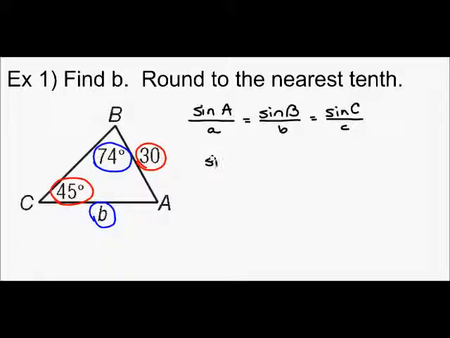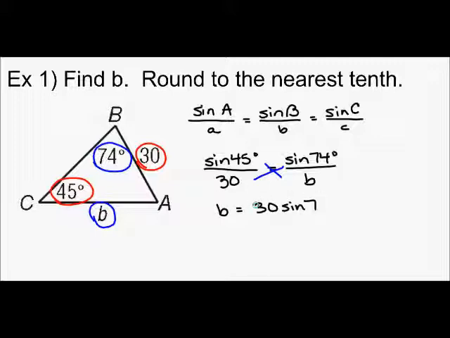So I can say sine 45 degrees divided by, what side goes with 45 degrees? 30. So divided by 30 equals sine 74 degrees divided by, b goes with 74. Now we're going to cross multiply and divide. So b equals 30 times sine 74 degrees divided by sine 45 degrees.